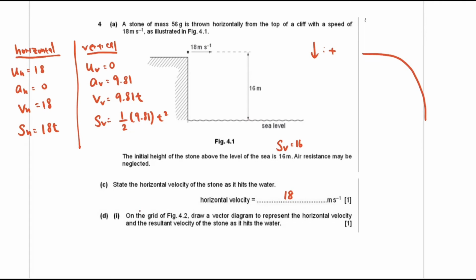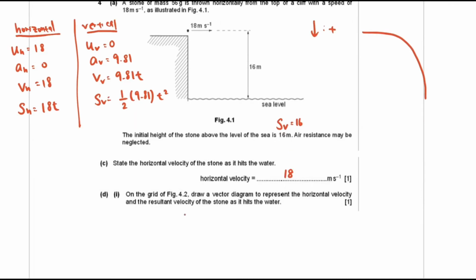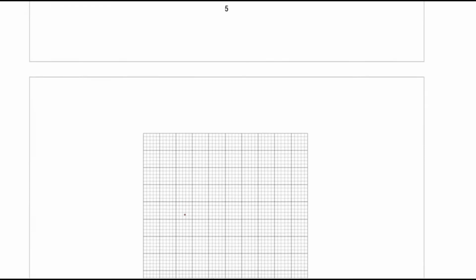So on the grid of figure 4.2, draw a vector diagram to represent the horizontal velocity and the resultant velocity of the stone as it hits the water. Okay, so that means we are going to draw in the graph.